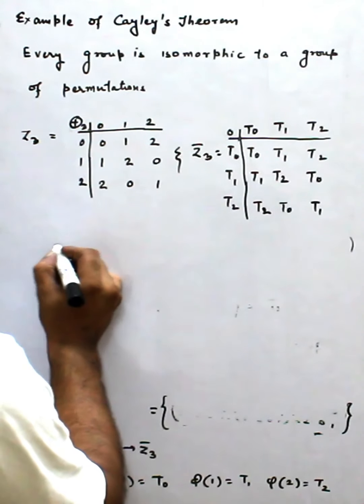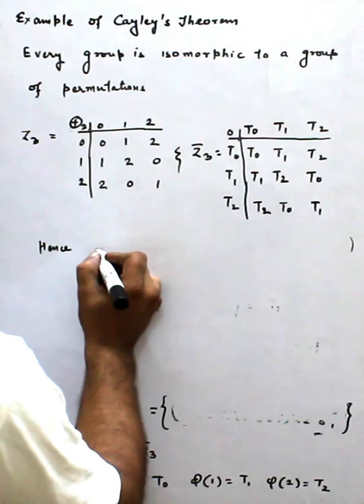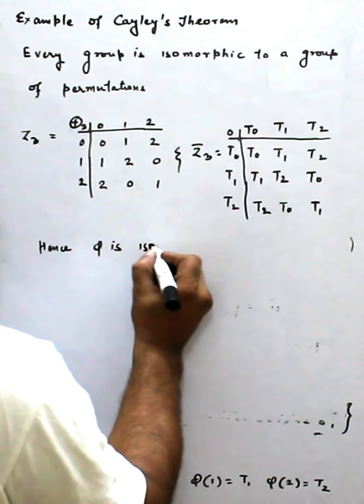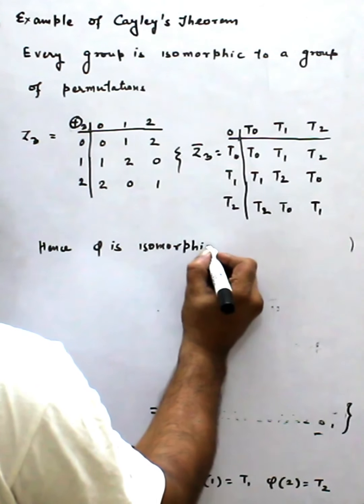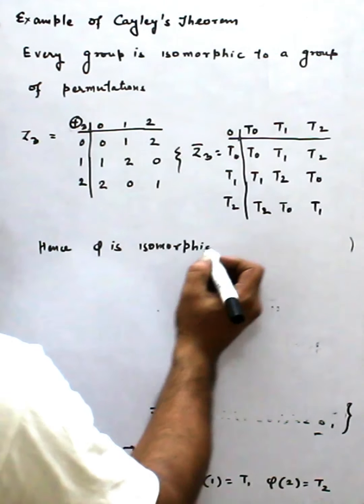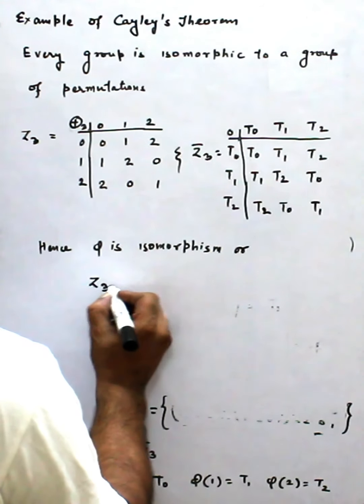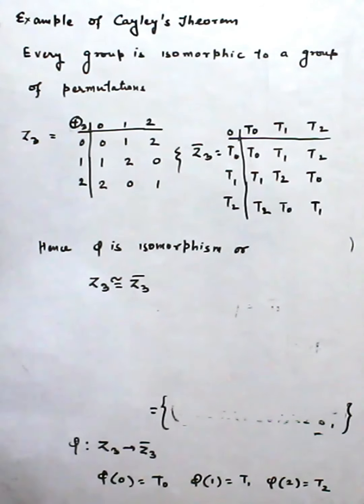So we can say hence phi is an isomorphism. Why? Because it is one-to-one and onto. Or we can say Z3 is isomorphic to Z3 bar. So this is the example.